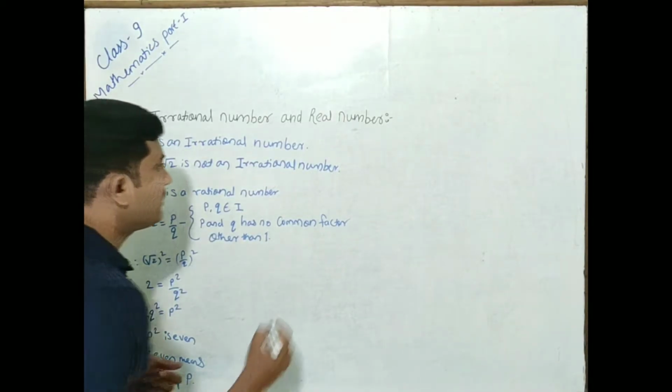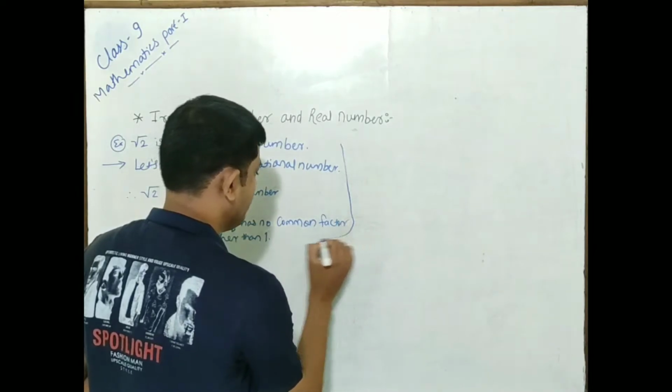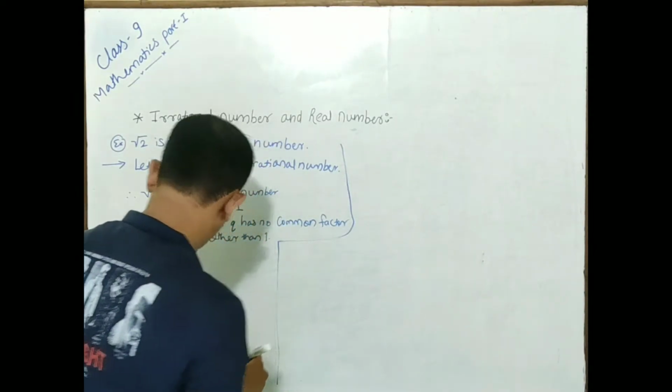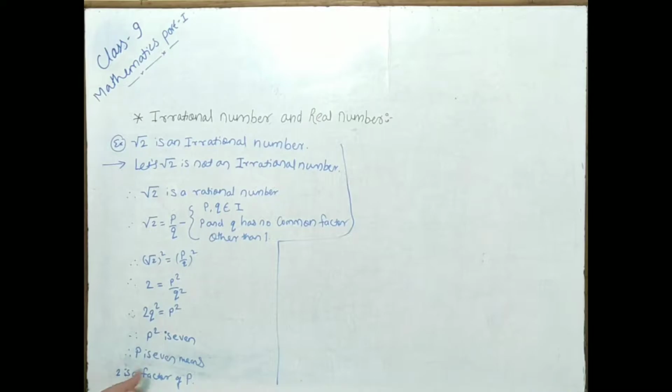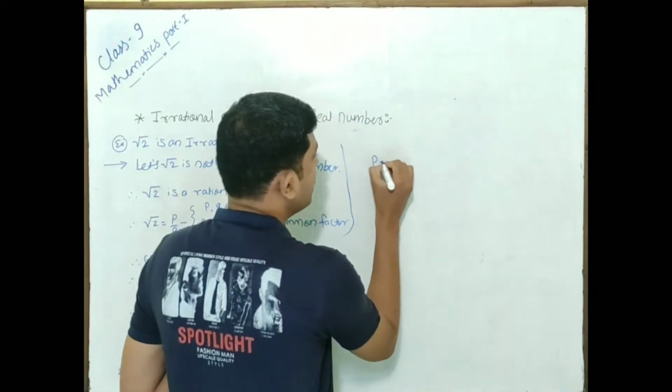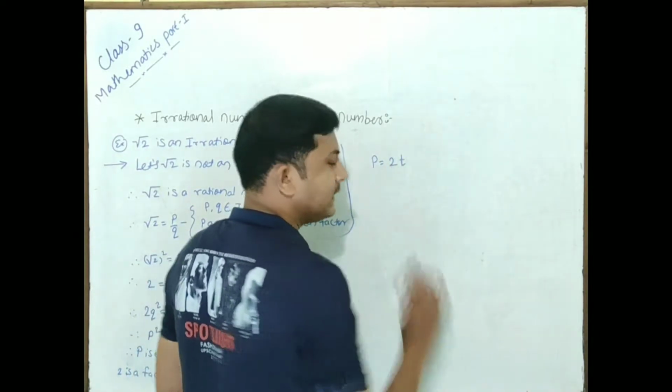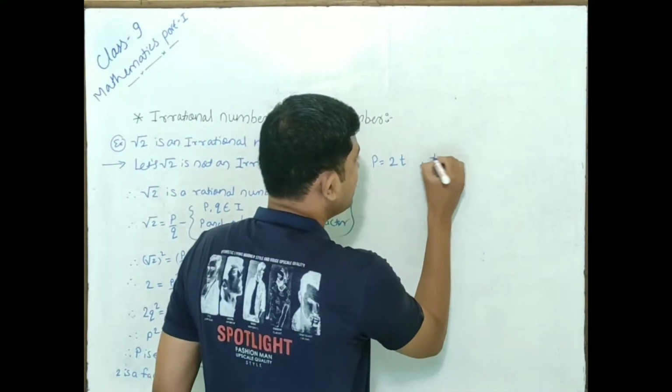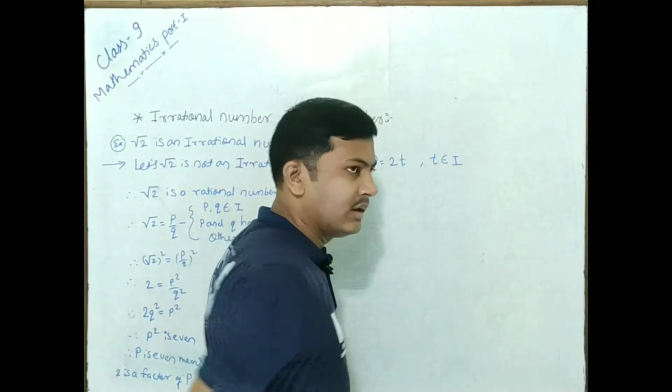Then next we have to see again, 2 is a factor of p, so p can be written as p equals 2 times t, where t again belongs to the integers, that is I.